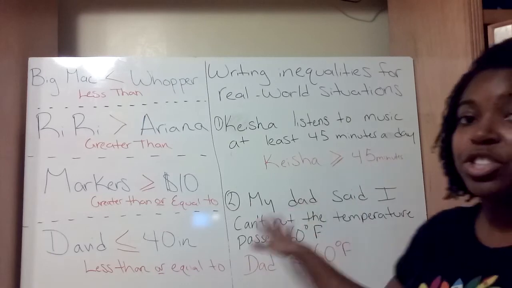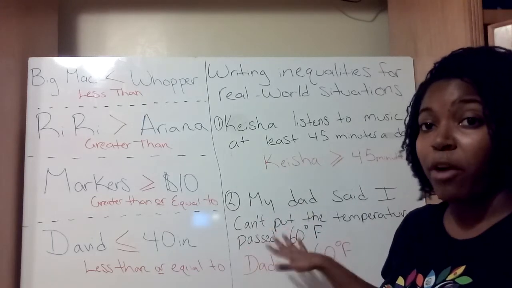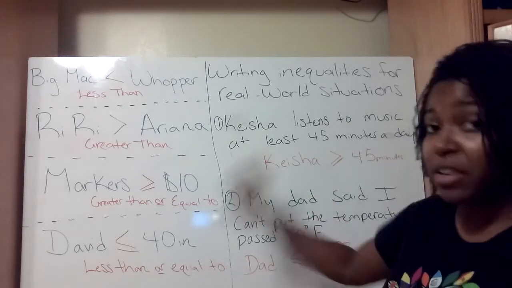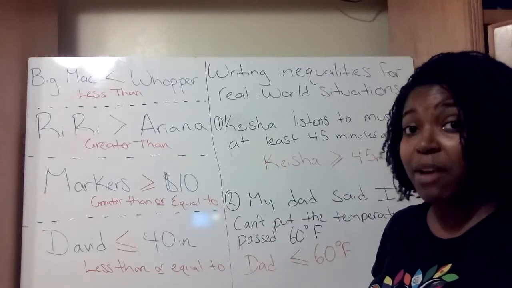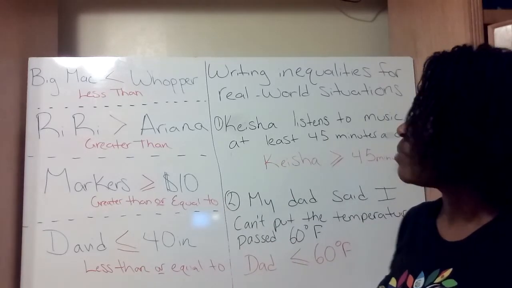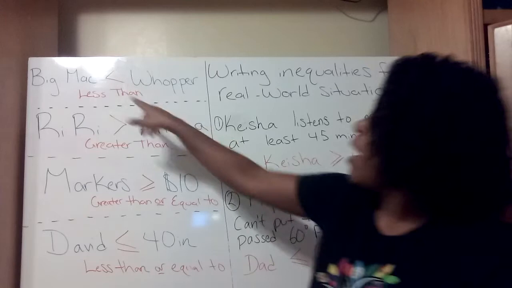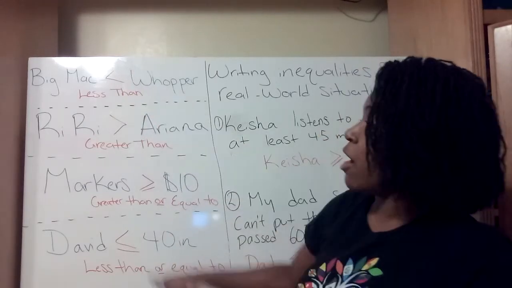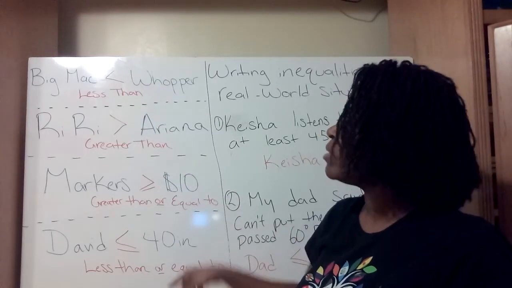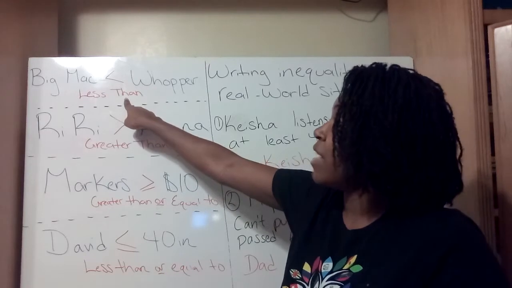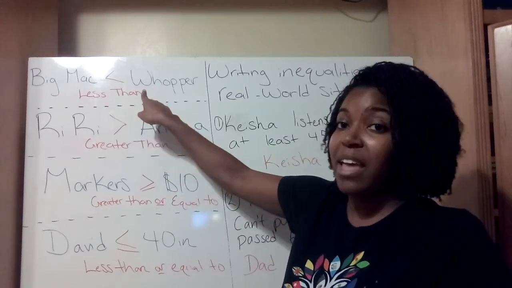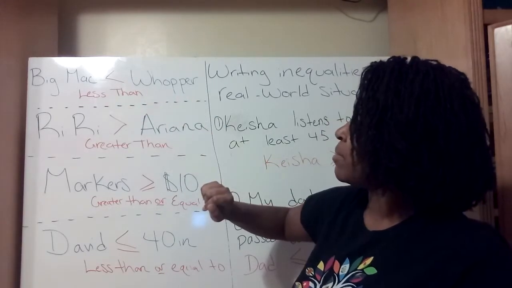So I'm going to actually change the board. Before I do, I just want to run through everything that's on here. If you want to pause it and write any of this down, now's a good time to do so. So running through a review of our inequality symbols, we used less than: the Big Mac is less than the Whopper.